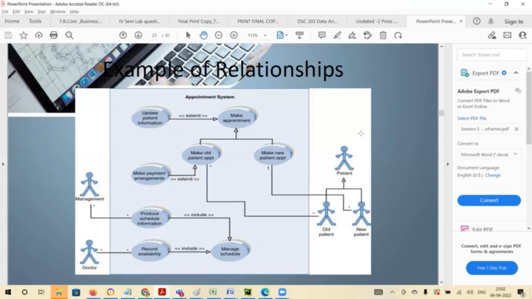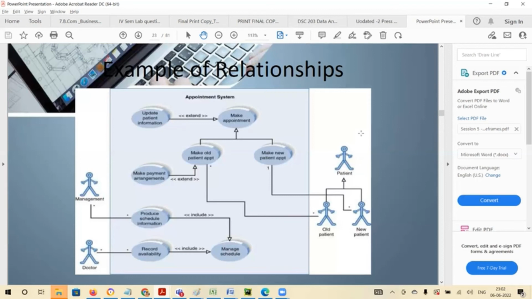Include is the use case which you will always call. It's a bad example, but probably easy to remember. It's like your slippers or footwear. Whenever you're going out, you will always wear the footwear.